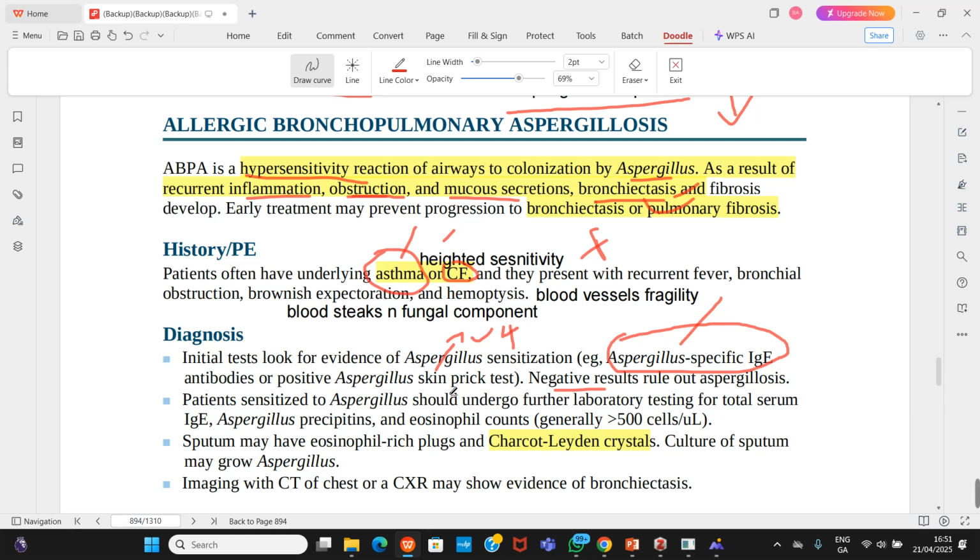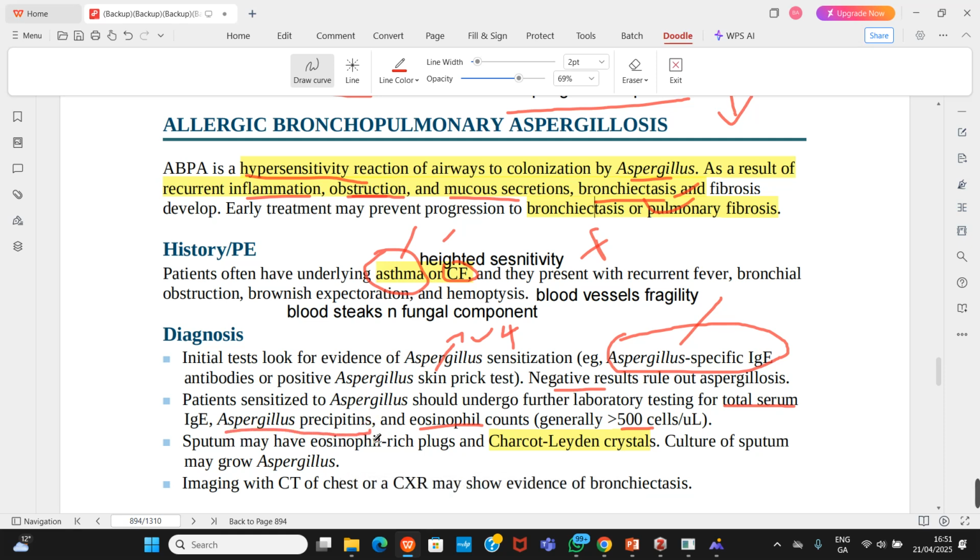But if you find it, you then measure the total serum IgE, which you expect to be elevated. You also measure eosinophils, which you expect to be more than 500. And you also do your aspergillus precipitin.